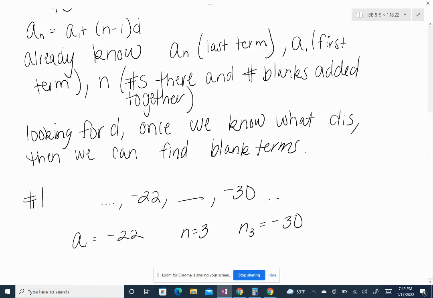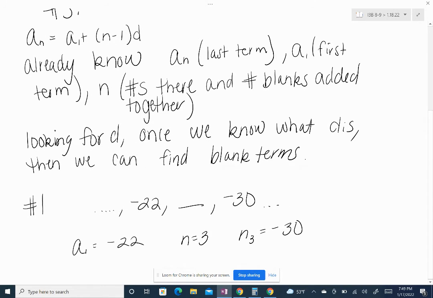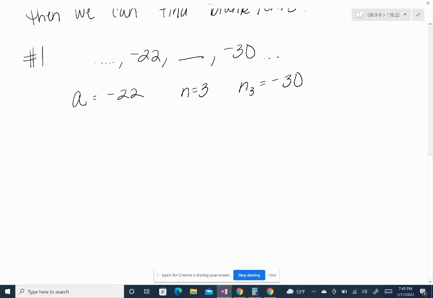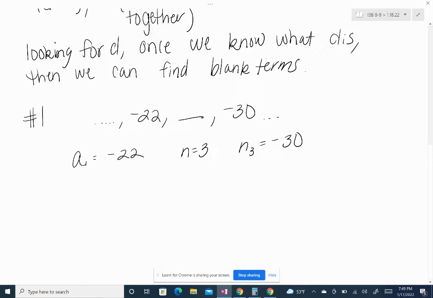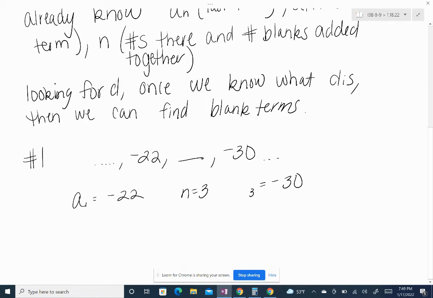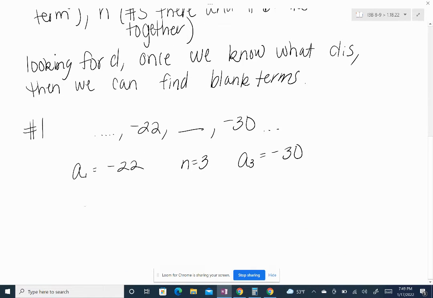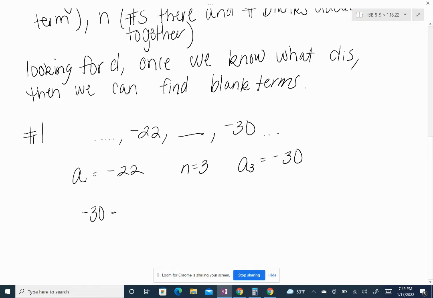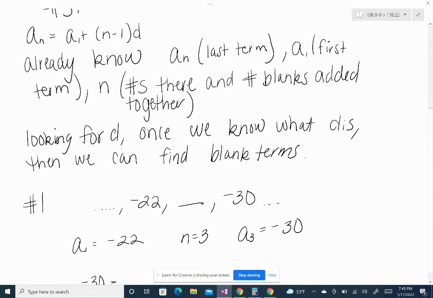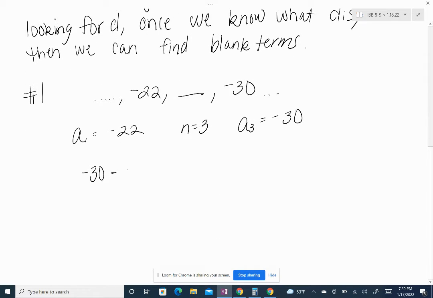So when we see our formula, we're going to put everything in. The only thing we don't have is d. We're going to solve for d. So A3, negative 30, equals the first term, negative 22, plus our n, which is 3 minus 1, times d.